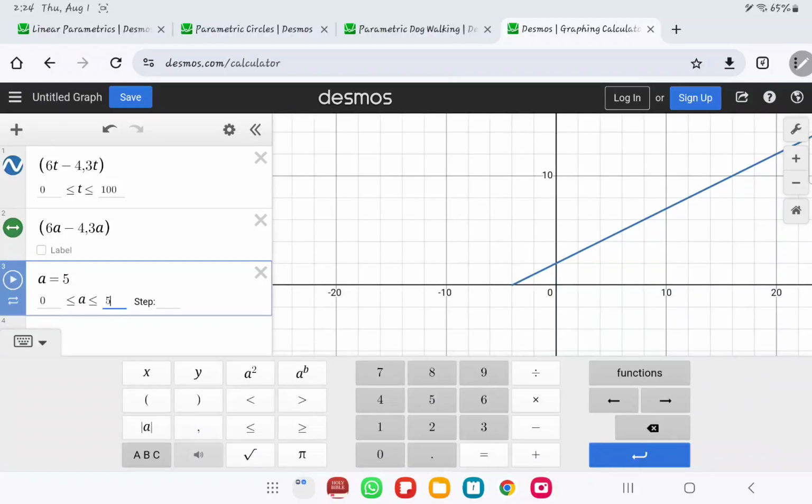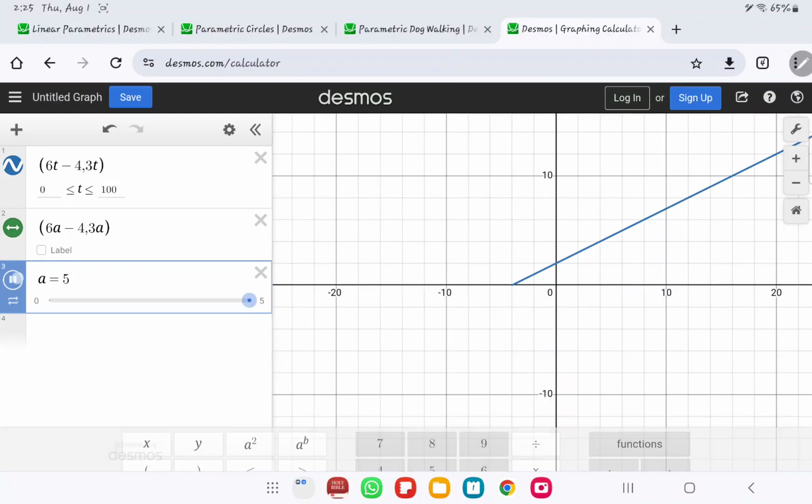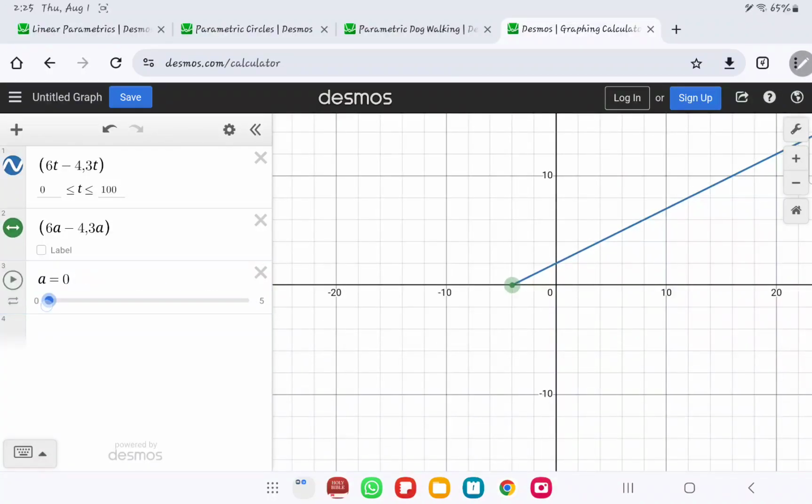That might be overkill. So let's say we just went out to 5. That should be enough to double check where those are. So we can see as that a value moves, exactly which direction. So starting at 0, we're at the end of that line, and then we go out further to the right. So that is the orientation of the curve.